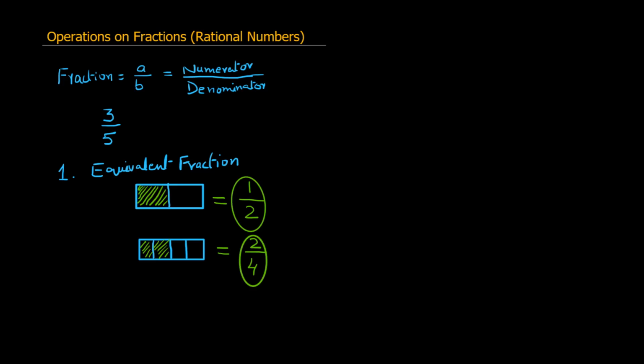So how do we get equivalent fractions? Here is the answer. If we have a fraction, let us say a divided by b, and we multiply and divide the fraction with 1, we will get the same fraction. Similarly, if we multiply and divide this fraction with 2, we still get the same fraction.